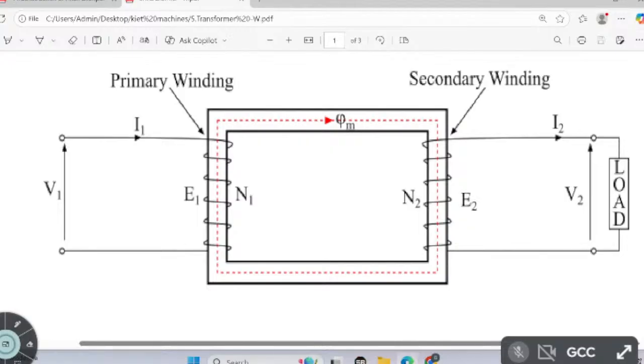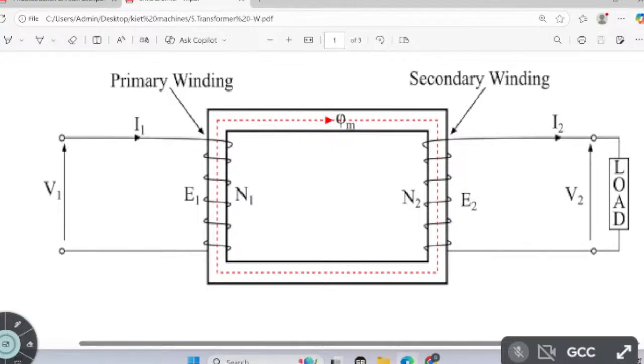Whatever voltage is available at the input, it can be varied, increased or decreased. If V1 is more and V2 is less, the voltage is leveling down, a step down transformer.